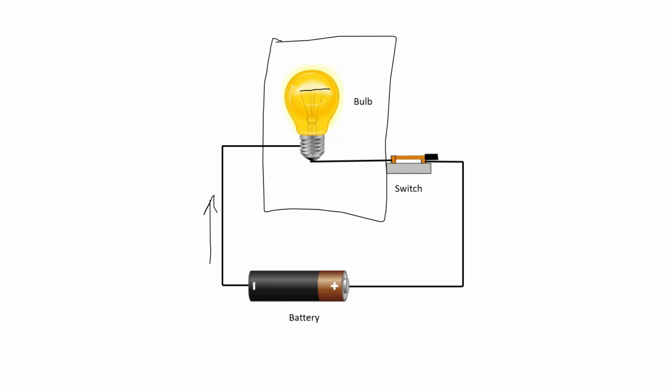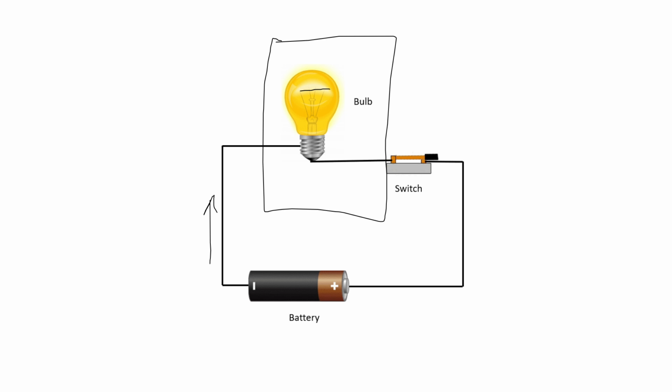The result is a lot of heat being produced, and also light as a byproduct. So the filament is designed in a way that it utilizes these electrons to produce light. Essentially, that's the underlying way a bulb works.